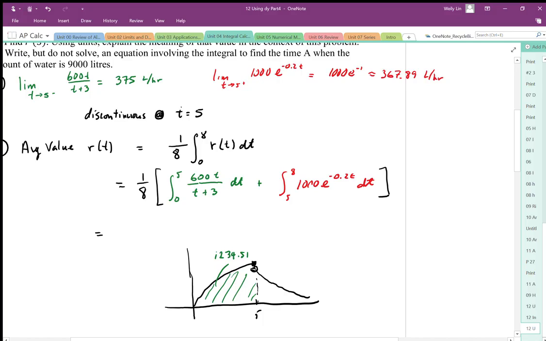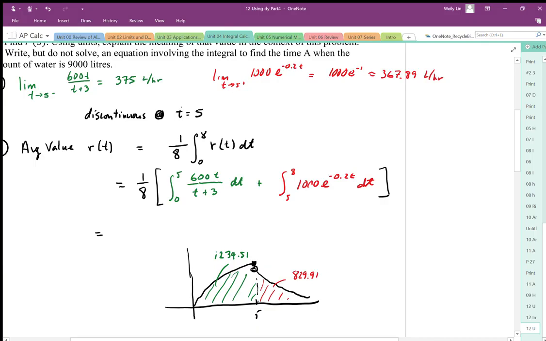Then I'm going to integrate the red function here. My lower limit is 5, my upper limit is 8. When I shade that in, this area works out to be 829.91 liters.